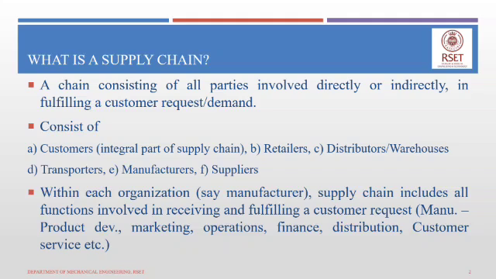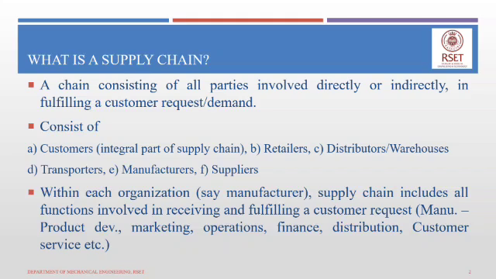That means they are involved in inventory management. They keep them as inventory, they store them and distribute to the retailers as and when required. So distributors, wholesalers, or warehouses are nothing but intermediaries that help in distributing the products from the manufacturer to the retailer.